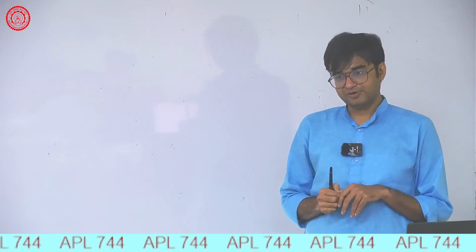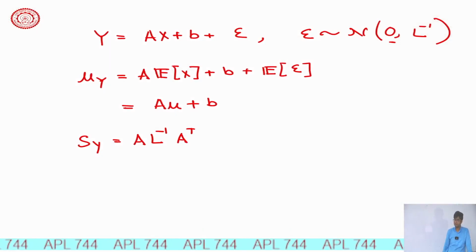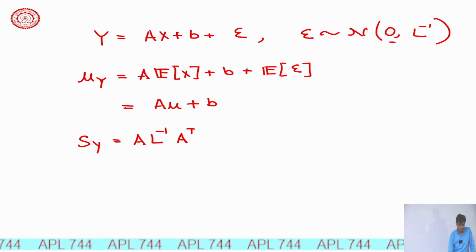A x A transpose. So, the covariance of x is equal to lambda inverse A transpose. Okay. What is the covariance of a constant? 0. So, B will not contribute. What is the variance of epsilon, the covariance when you take it?